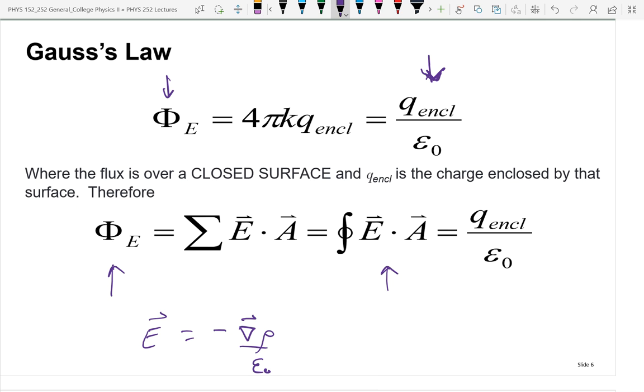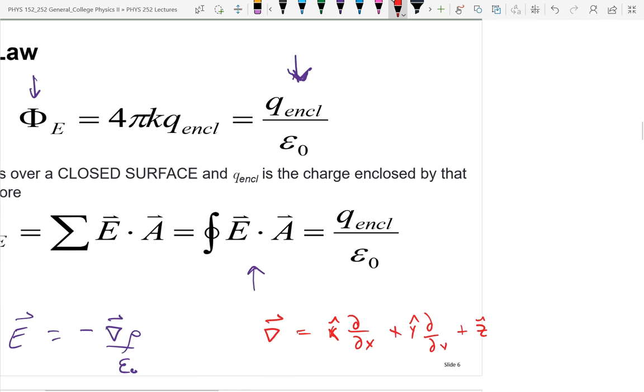What is this symbol here? It is a directional derivative. It's the gradient in Cartesian coordinates, which is all you're going to have to use for the homework problem. That's x hat d/dx plus y hat d/dy plus z hat d/dz.